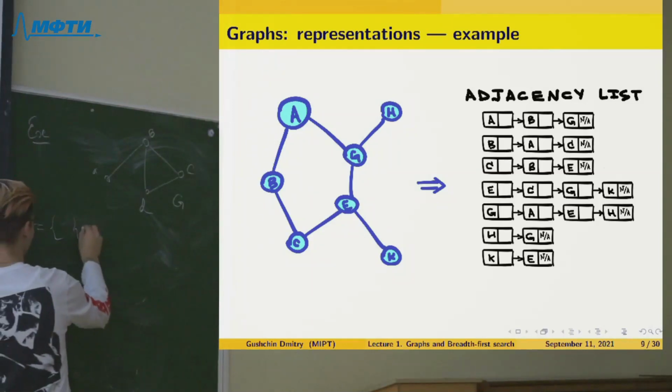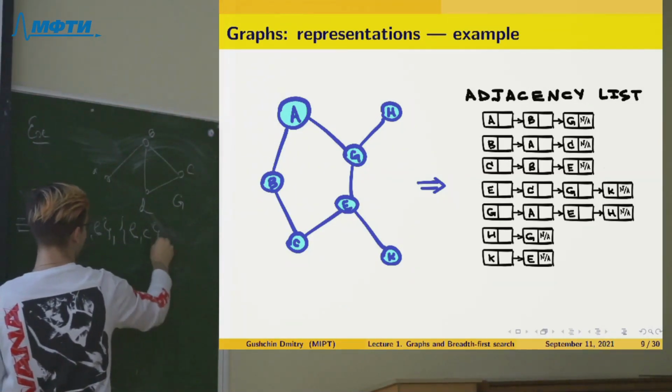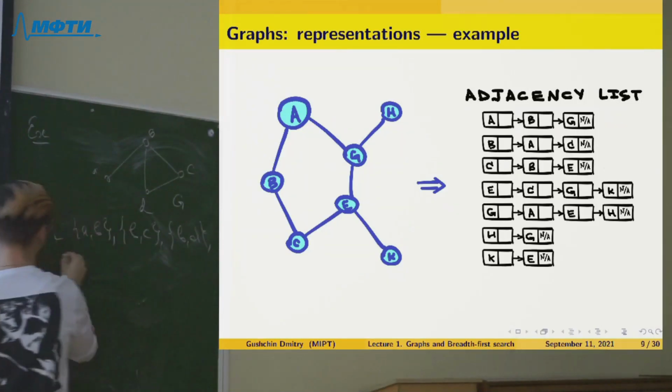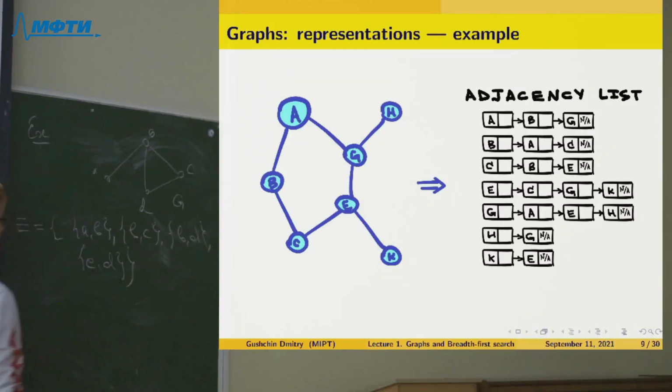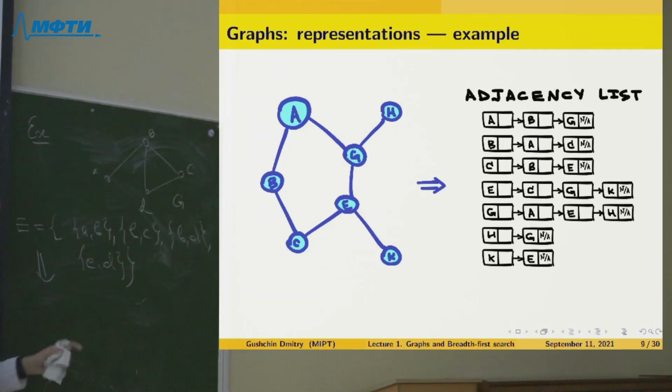A, B, B, C, okay, C, D, okay. And now I can divide all of these edges into half edges, yeah?